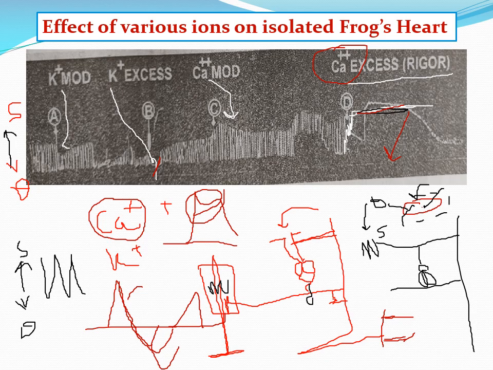One more thing, students: put today's date on this practical in the journal, also in the index and the practical page number. Put today's date for effect of ions on frog's heart and vagal escape.